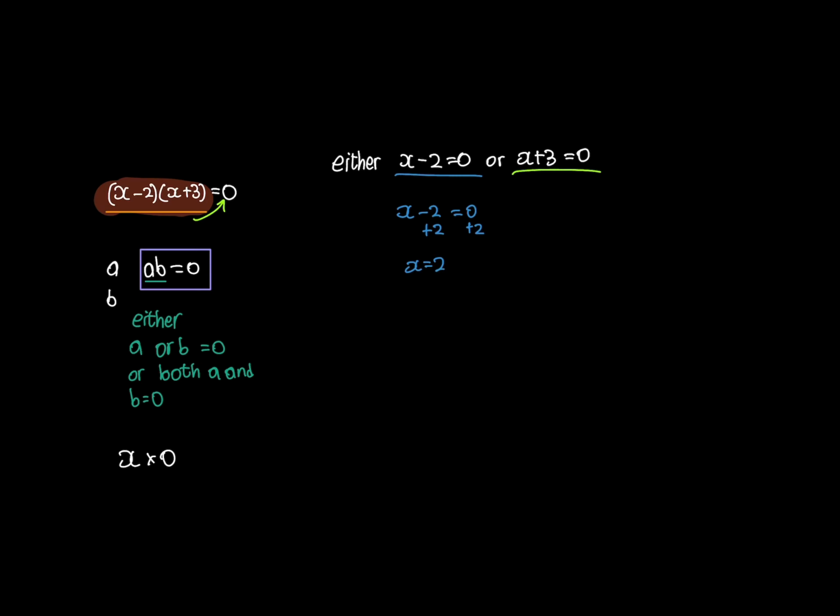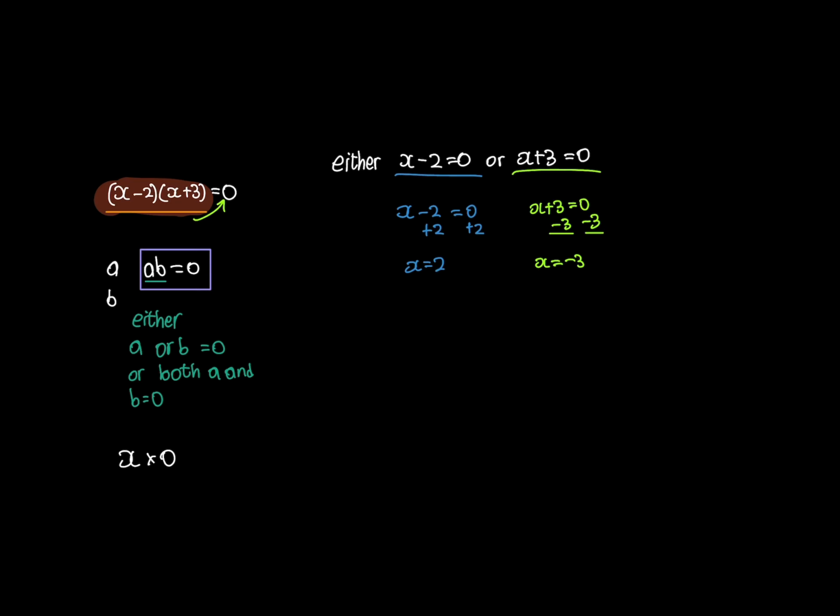And for the stuff underlined in green, you'll get x plus 3 equals 0. So then you minus 3 on both sides to solve for x. Remember, you have to keep it equal. That's algebra. It has to be equal. And then you will get x equals negative 3. So what can I say about this one?